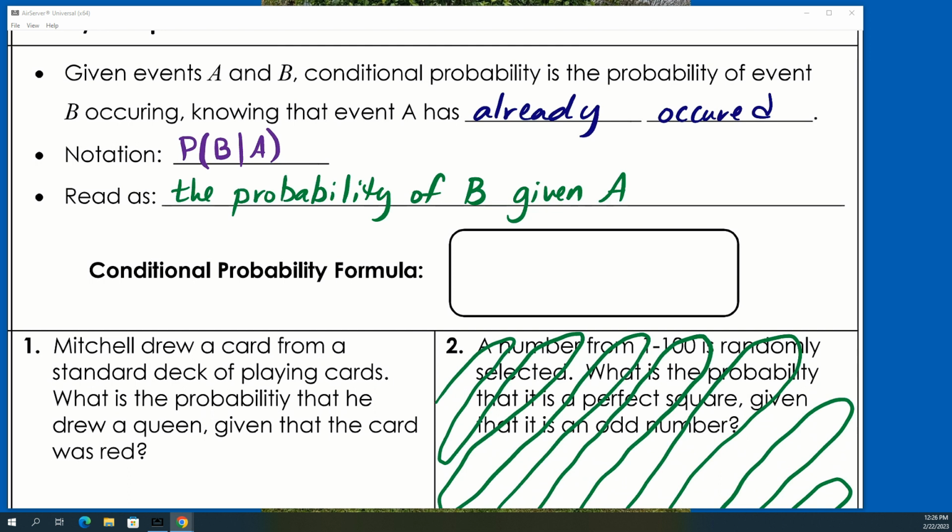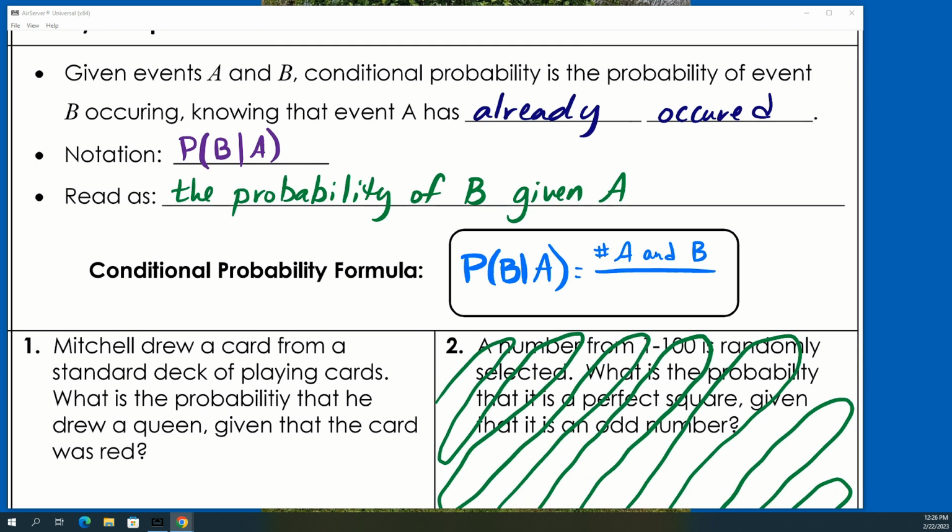Great. To find P of B given A, we're still going to do a fraction, just like we almost always do for probability. On the numerator, it's going to be the number of ways A and B can happen.